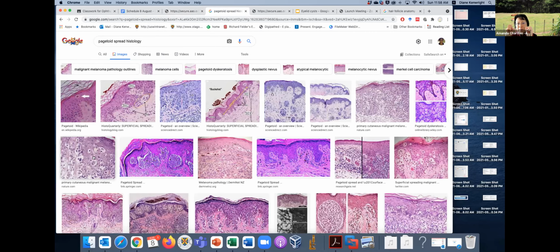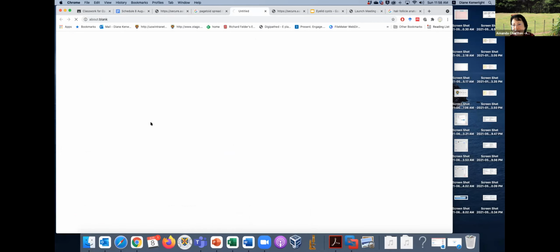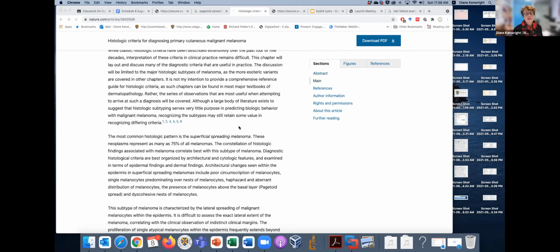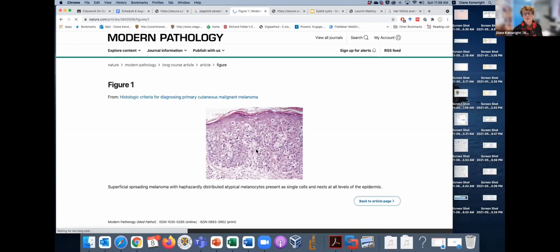Pagetoid is like individual little cells coming from below up, individual cells or small nests of cells rather than a thick rind, like a shotgun sort of pattern. Here we go. It came from melanomas in the first place. So this is a picture of melanoma with Pagetoid spread. Let's make this a bit bigger.